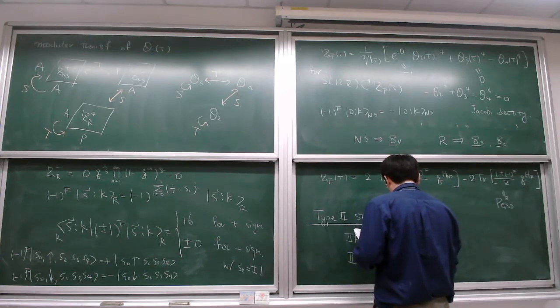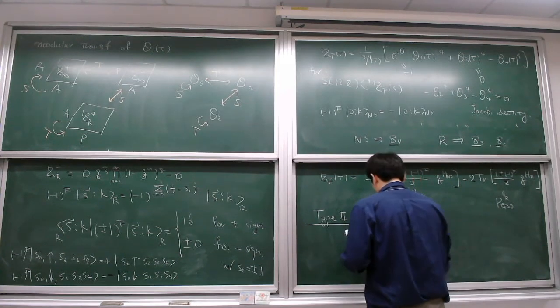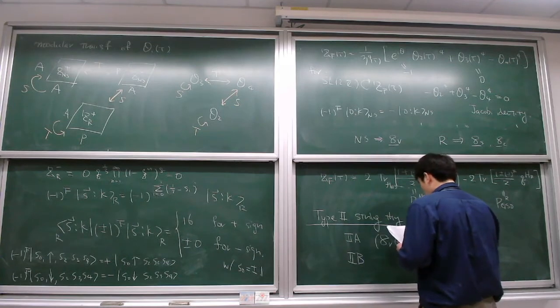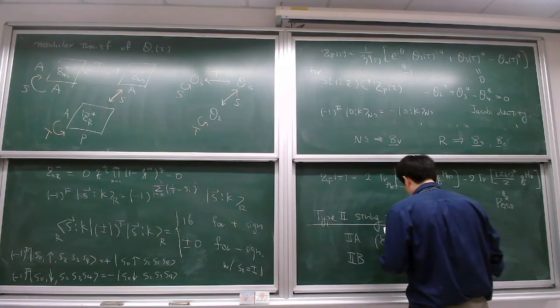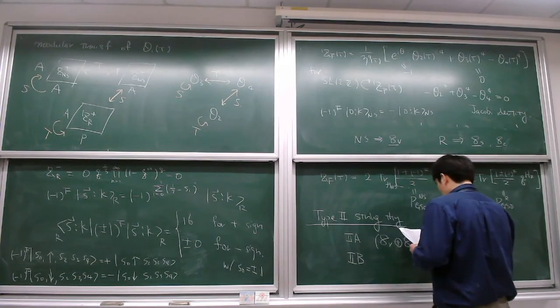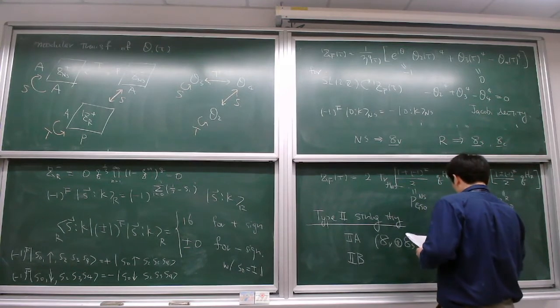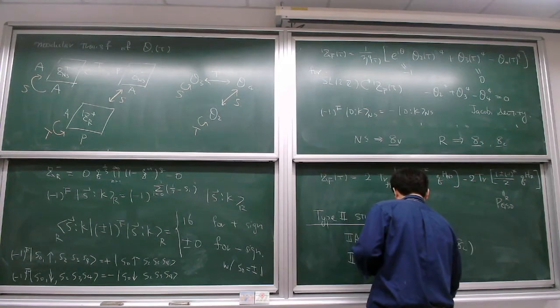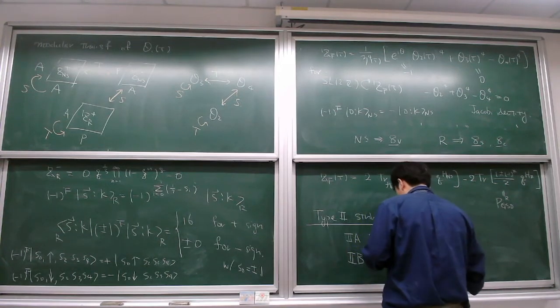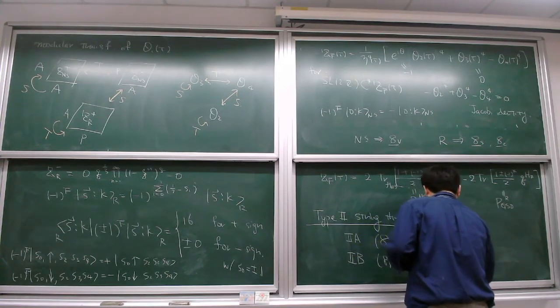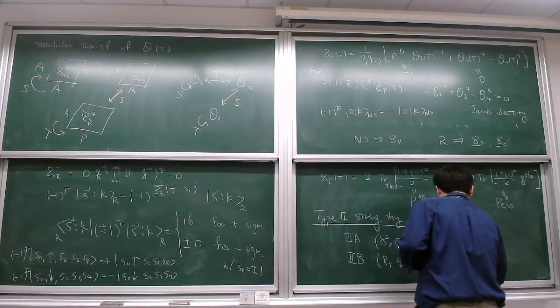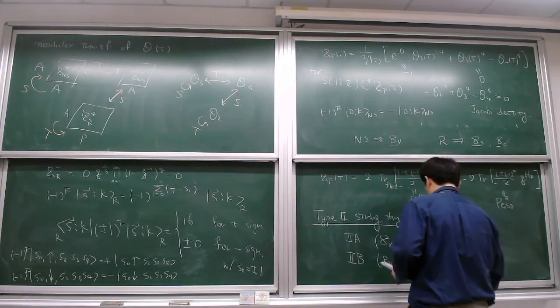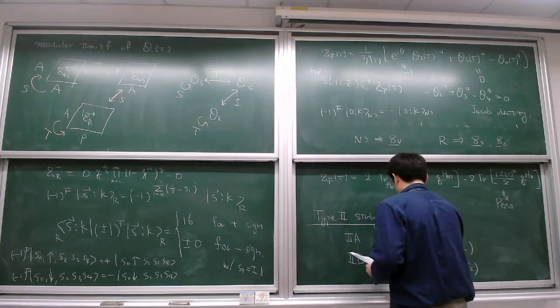So the right moving mode is 8S, whereas you can take the opposite chirality, 8C. So 8V plus 8C and 8V plus 8S. Type 2B is the same chirality, and type 2A is the opposite chirality. It's a choice you can make.